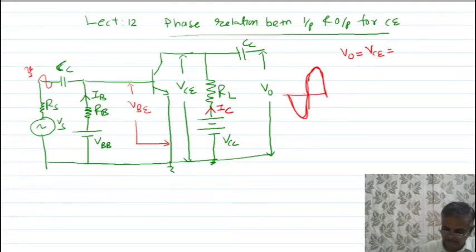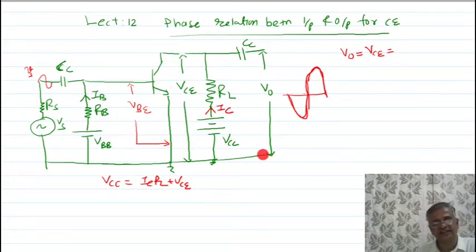So I can write VCC is nothing but ICRL plus VCE, and this VCE is nothing but the output voltage, I am telling you. The reason is that both are in parallel. So this VC, what I am writing, is the output voltage. That's why I have written here output voltage. So do not get confused.